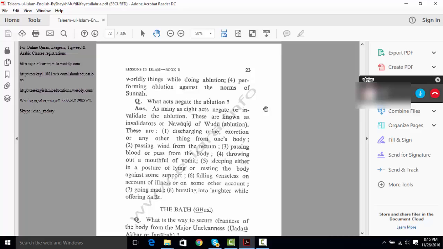It will invalidate your ablution, but only when you laugh like this during salah, during namaz. Understand? If you do this type of laughter outside salah, then it will not invalidate the ablution. Understand? So there are eight things which invalidate the ablution.